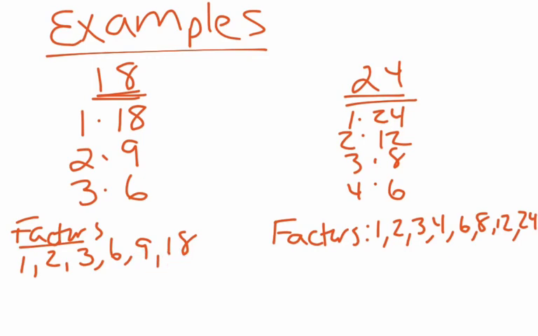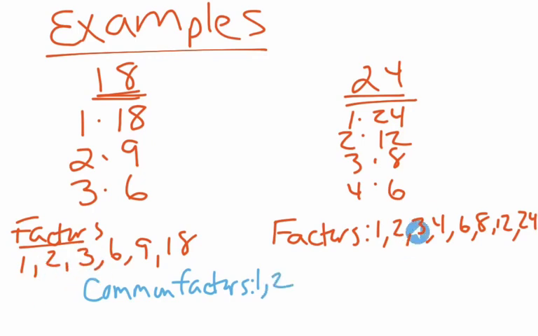The factors for 24 are 1, 2, 3, 4, 6, 8, 12, and 24. So now we have the list of factors for 18 and the list of factors for 24. The common factors are the factors that they share with each other. So they share a 1. Both of them have a factor of 1. 1 is always a common factor, just so you know. They have a common factor of 2.